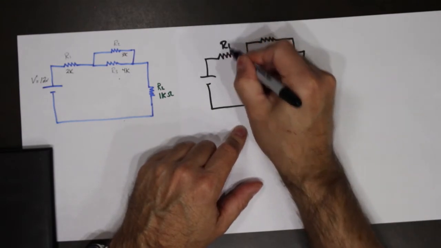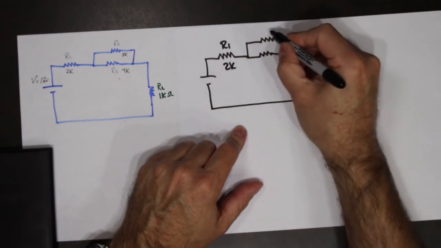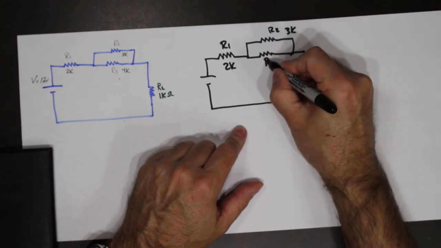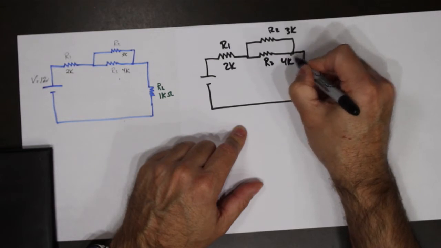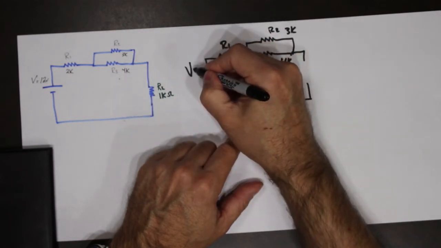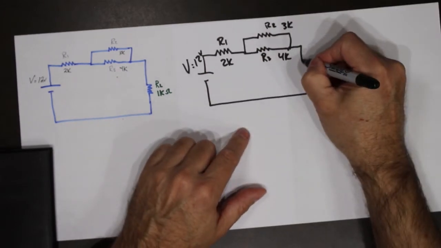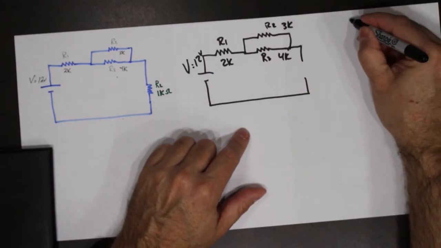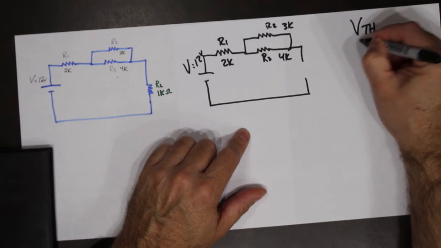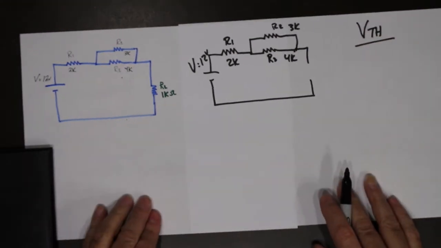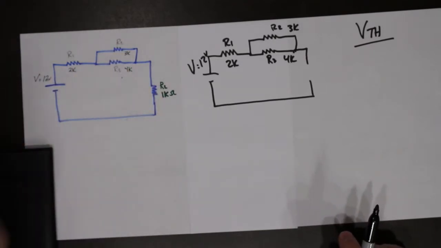So R1 at 2K, R2 at 3K, R3 at 4K, and our power supply was 12 volts. So this is for finding voltage Thevenin. So again, the first step, remove the load.